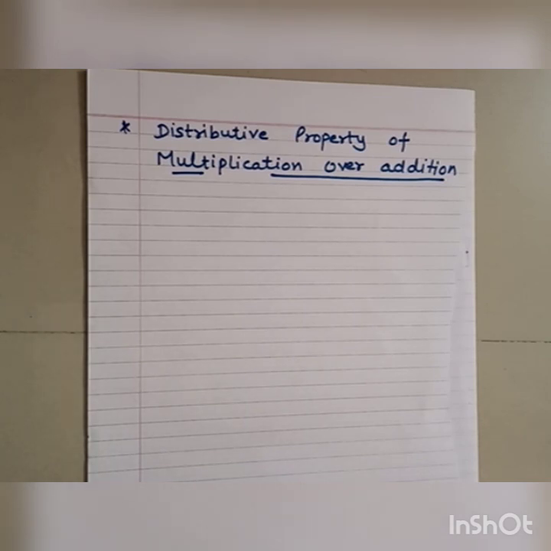Now next is the distributive property of multiplication over addition. It means the multiplication of rational numbers is distributive over addition. How does multiplication distribute over addition?